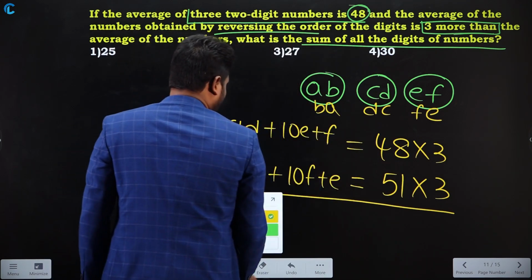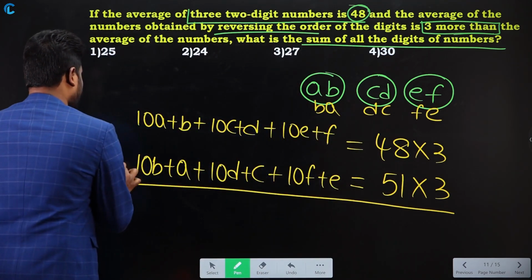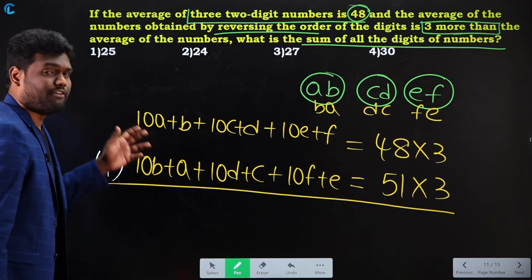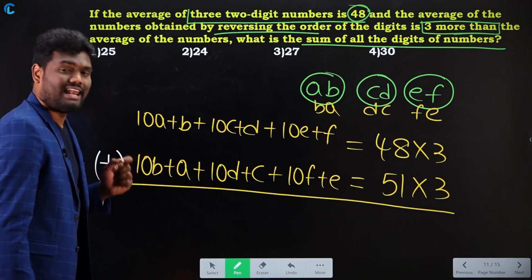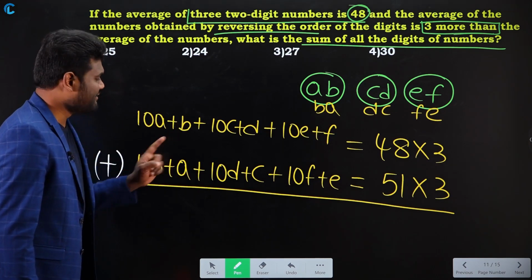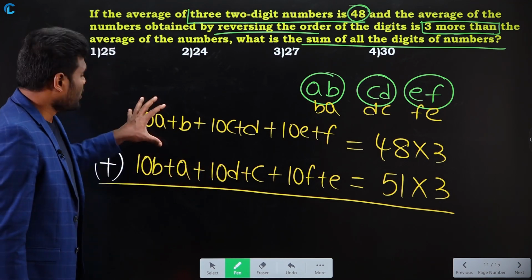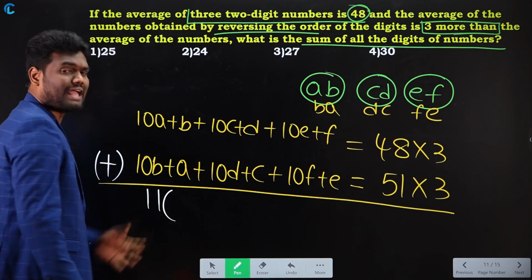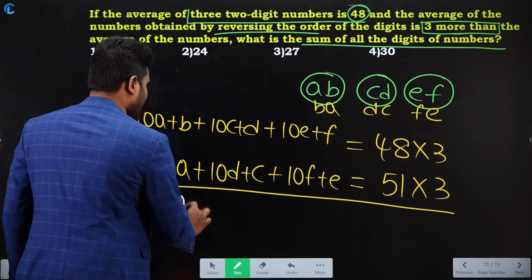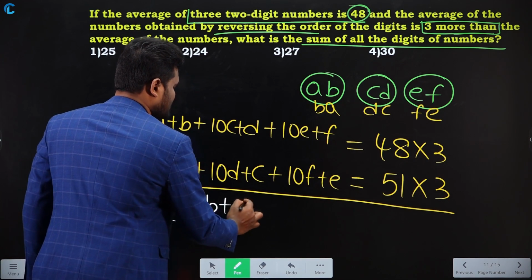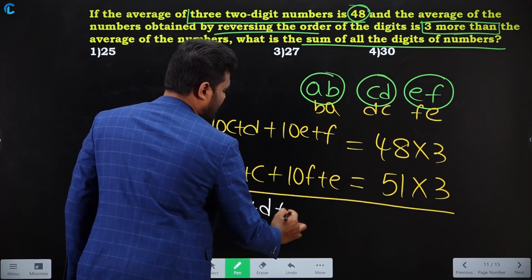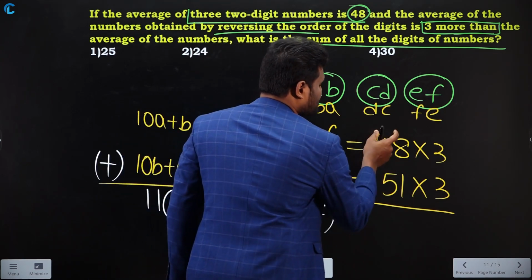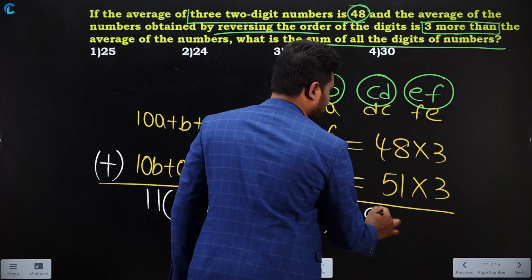Now calculate. You are asked to find the sum of these digits. As you are asked to find the sum of digits, add this. If you add this, 10A plus A, 11A. B plus 10B, 11B. 10C plus C, 11C. Which means if you add all these numbers, it is going to be 11 times, I am taking 11 common, A plus B plus C plus D plus E plus F is equal to, when you add this, 48 plus 51 is nothing but 99.